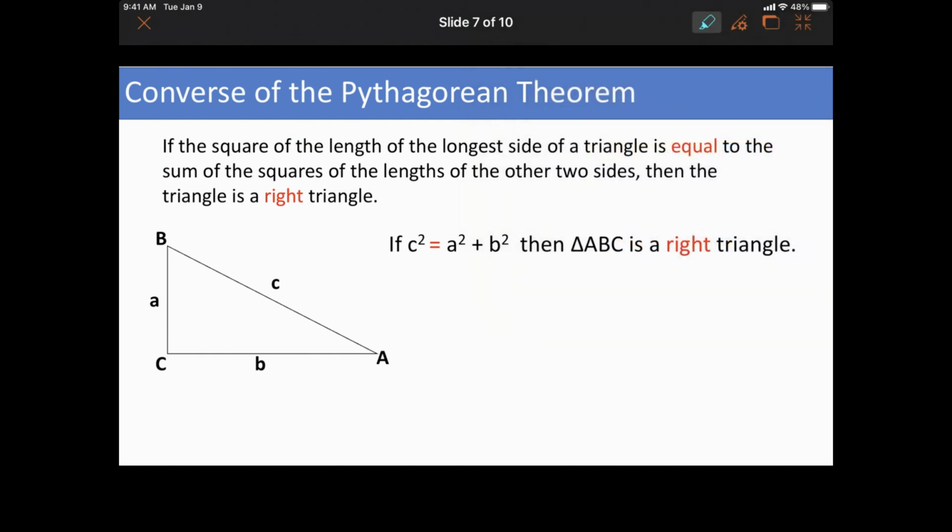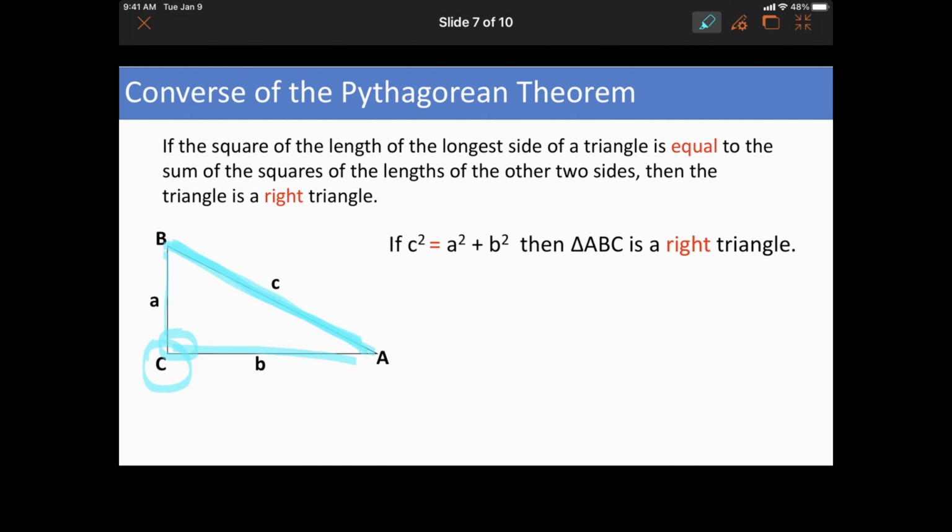So if we're saying this longest side, I think this is the hypotenuse, it would have to be the longest side. So if the longest side squared equals the sum of the other 2 sides squared, then it has to be a right triangle, which is a very interesting concept. It forces this to be a right angle.